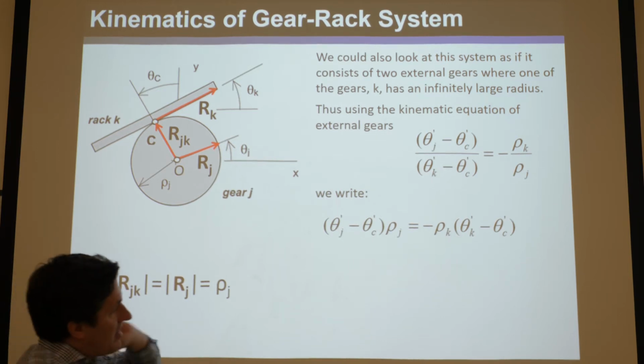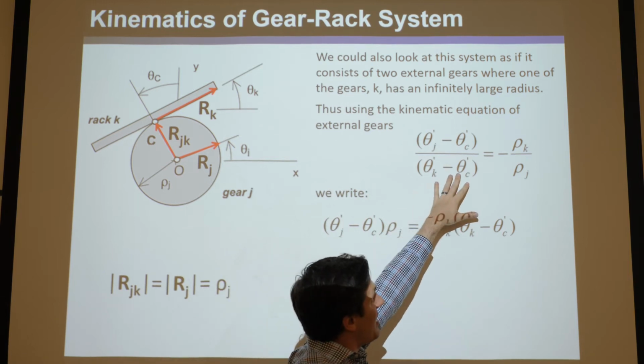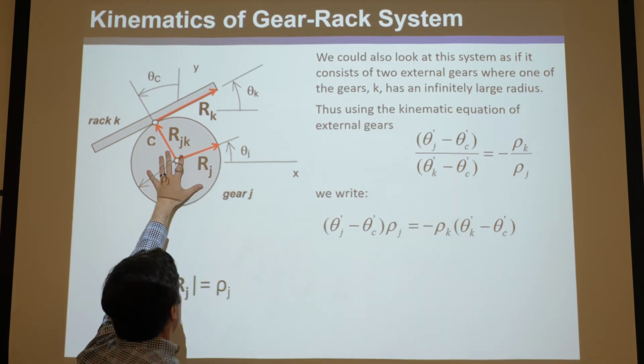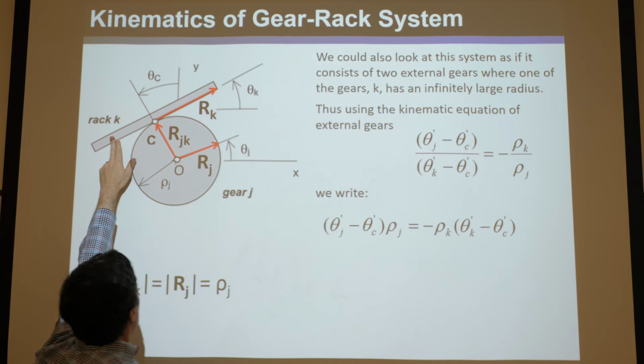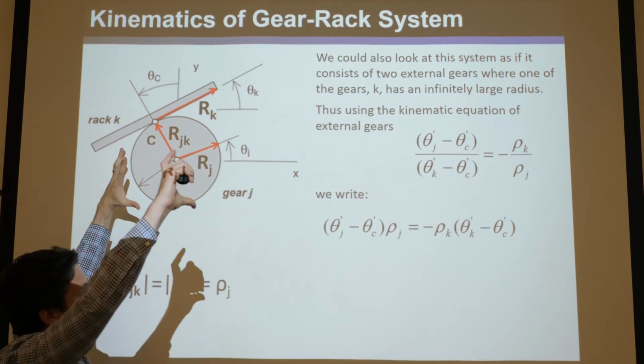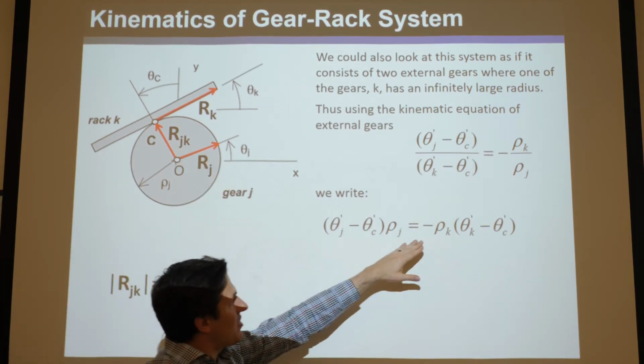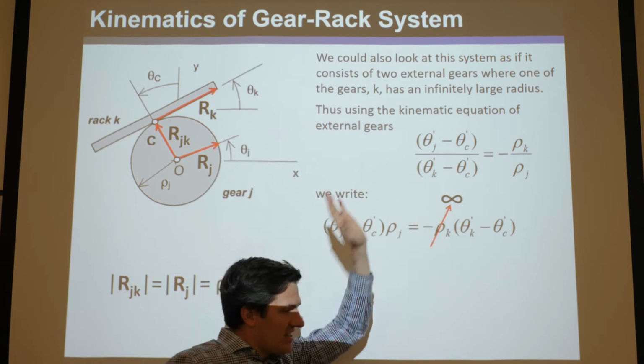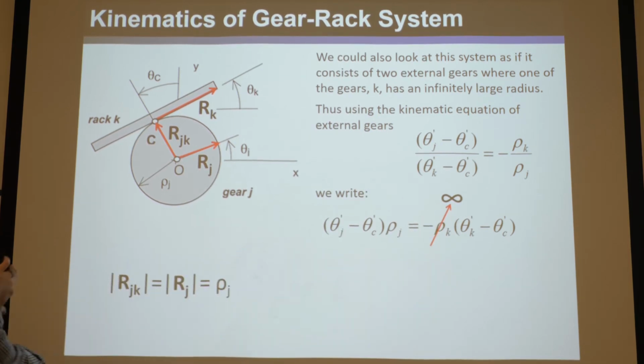Because remember, if this was for external gears, where the pinion one was j and the big one k was a giant circle, but now its radius goes to infinity. So if this radius goes to infinity, now this external gear scenario is matching the rack and pinion.